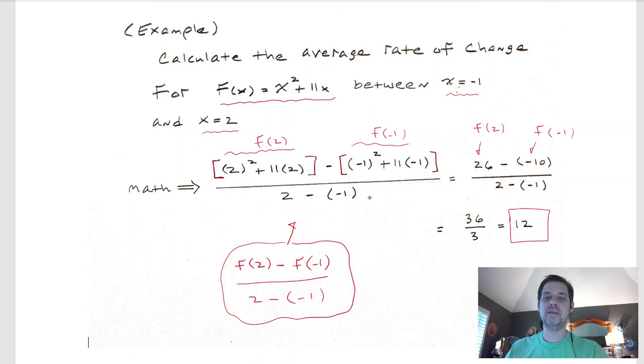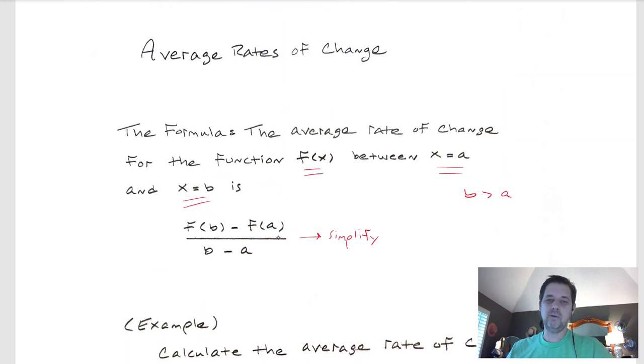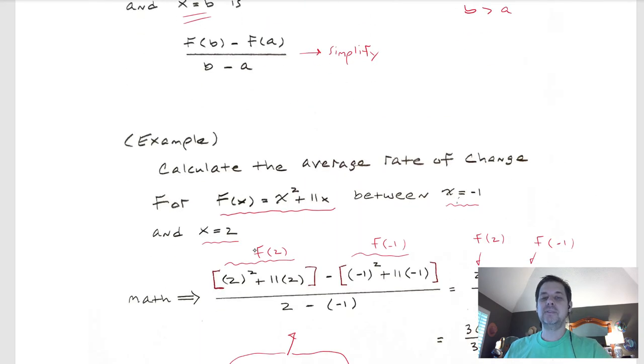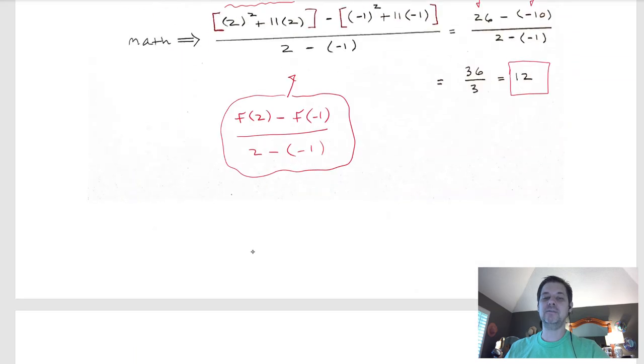Okay, let's look at another one, because there are lots of ways somebody could go about this and write this down. Once you have the formula, once you know what it is, that's how you calculate the average rate of change for a function. Not everybody is going to do it the same way, so I'll show you a slightly different way.